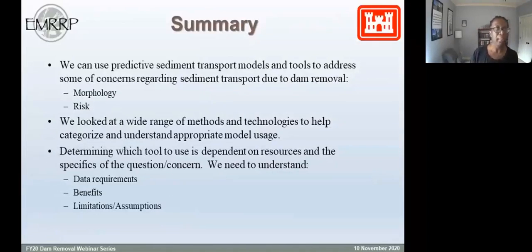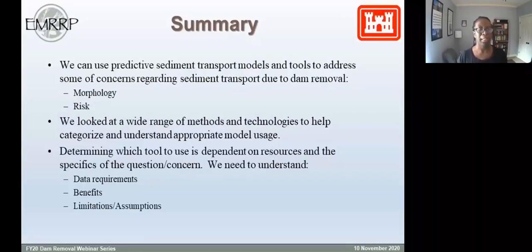So in summary, we can use these predictive sediment transport tools and models to address various issues regarding sediment transport due to dam removal. Generally, I'd say the biggest issue is morphology and risk. We looked at a range of methods and technologies to help categorize and understand the appropriate model usage, but ultimately determining which tool to use is dependent on your resources and the specifics of your questions and concerns.